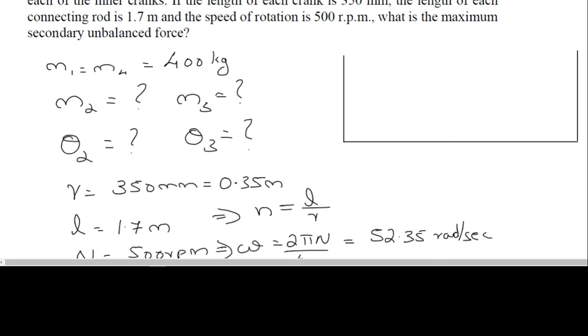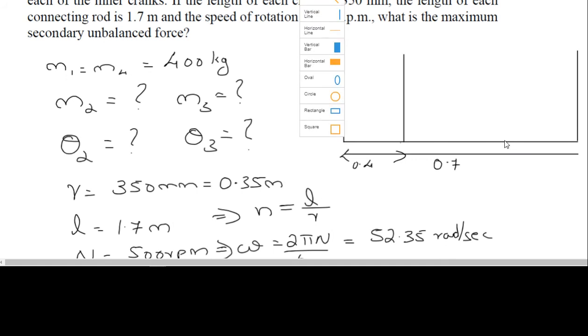From the first crank it is given that it is 400 mm, so this will be 0.4 meters, and there will be the first inner crank or the second crank. And again the next one is 0.7 meters, or 700 mm, there will be the second inner crank or the third crank.